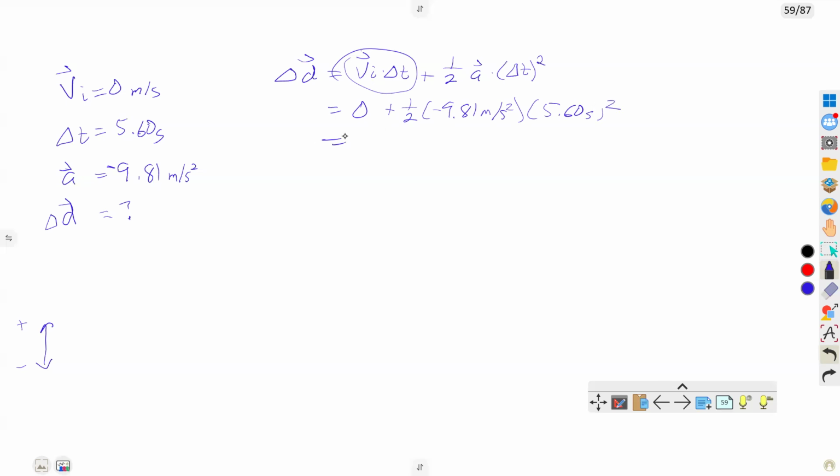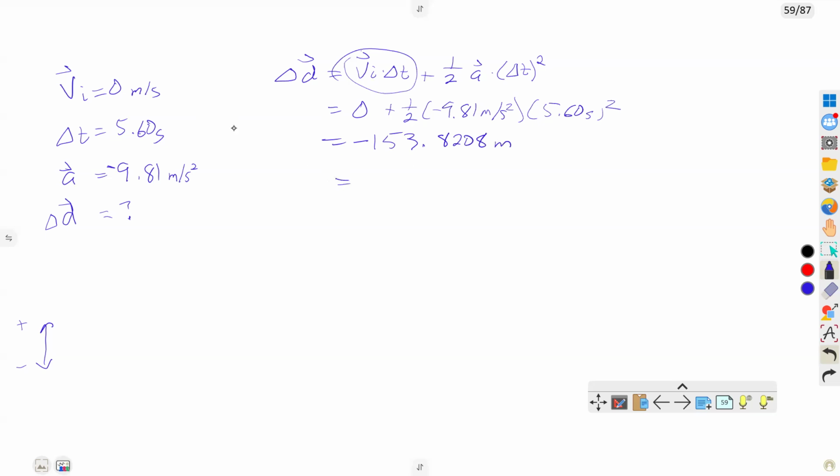Okay, so I've got my calculator out. 1/2 times negative 9.81, times 5.6 squared, is going to give us negative 153.8208 meters.